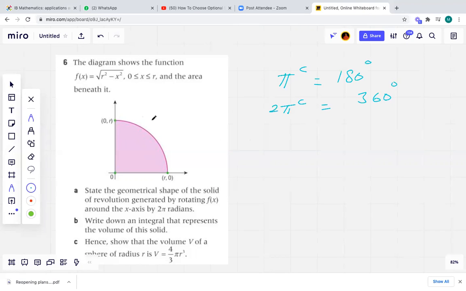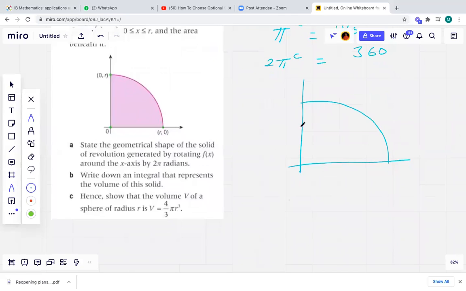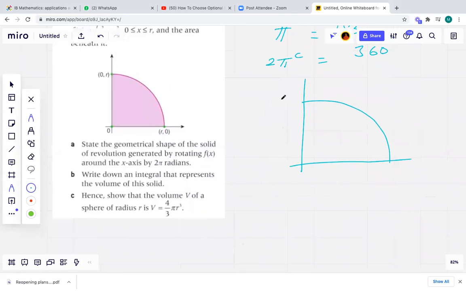This means when you revolve this, I've got this plot. So when I revolve this by 2 pi radians, what do I get? I'll get a hemisphere, correct?